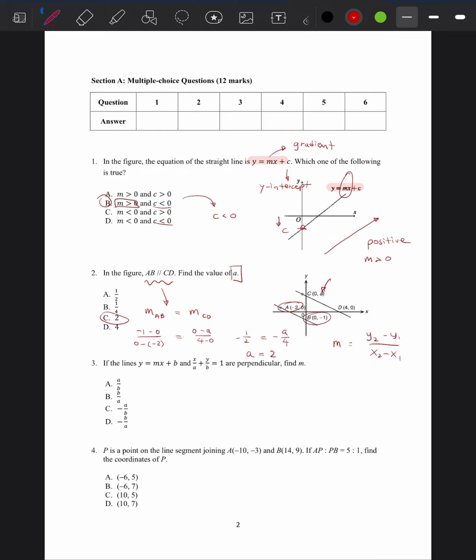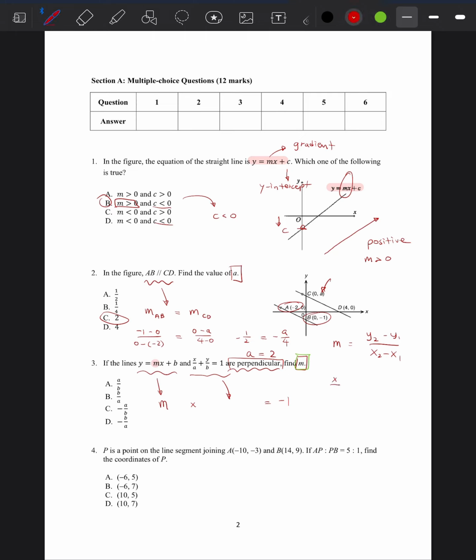Number 3. The line y equals mx plus b and the other line x/a plus y/b equals 1 are perpendicular, so we know that the gradient of this line times the gradient of this line will equal -1 because they are perpendicular. The first line, y equals mx plus b, is already in the form y equals mx plus c, so m here is your gradient, and this is the unknown they're asking you to find.